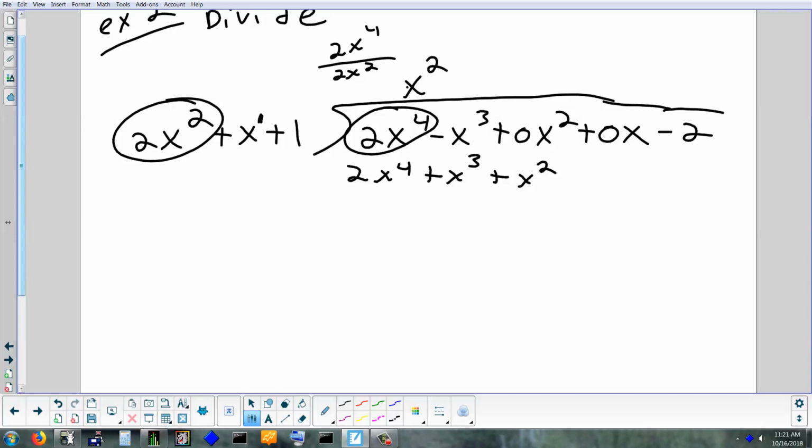Yep, subtract them, which is basically like changing the sign of each term. You could also think of it that way. I usually just write it like that. If you actually want to take the step and distribute the negative out, you can do it. It's up to you. 2x to the 4th minus 2x to the 4th.